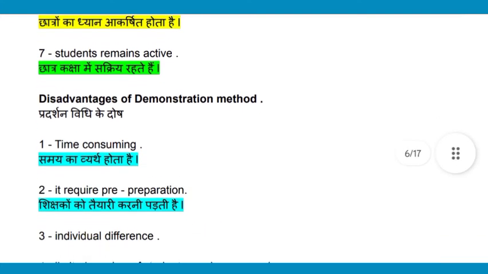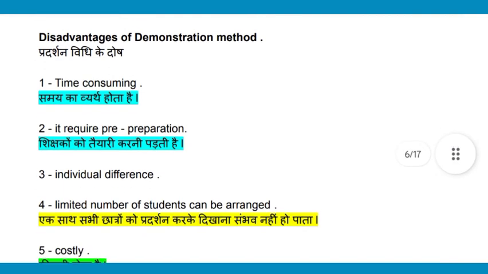Now here you can see disadvantages are also there of this method. First is time consuming, so it takes a lot of time. Second, it requires pre-preparation. So the teacher has to prepare before presenting it in front of students.